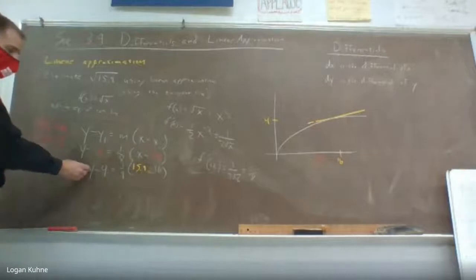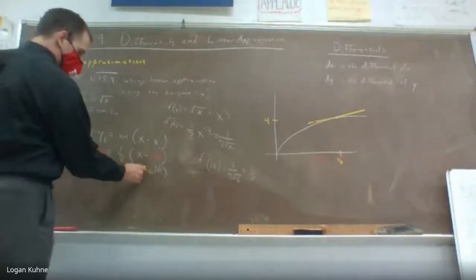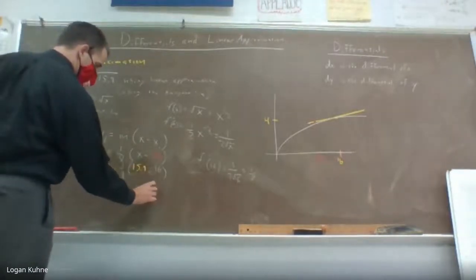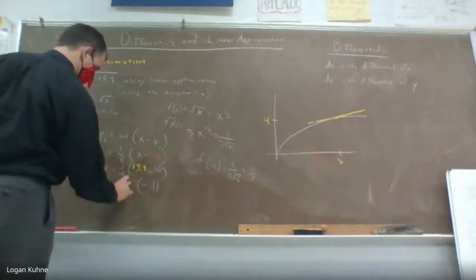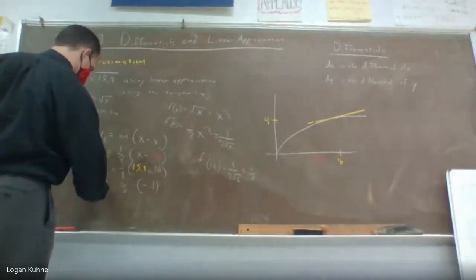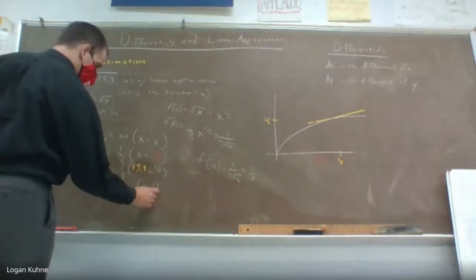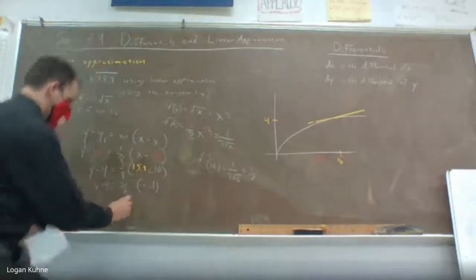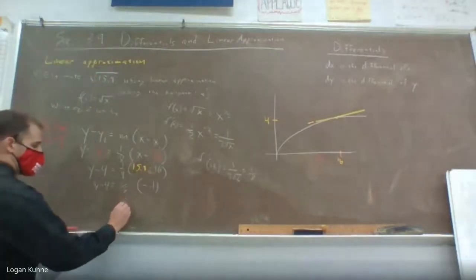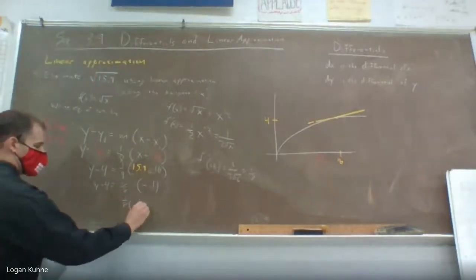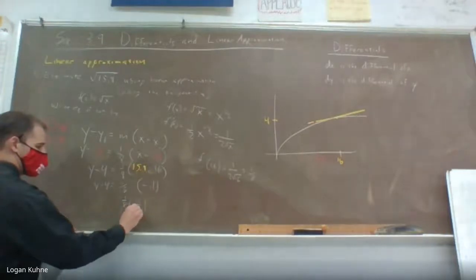Now I just have to find the y coordinate. So this is going to be negative 0.1, times 1/8. Now, negative 0.1, I'm just doing the math in my head here. That's the same thing as 1/8 times negative 1/10.